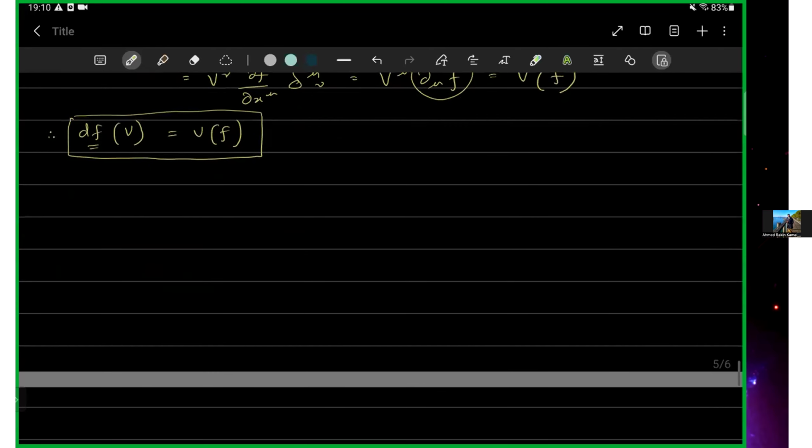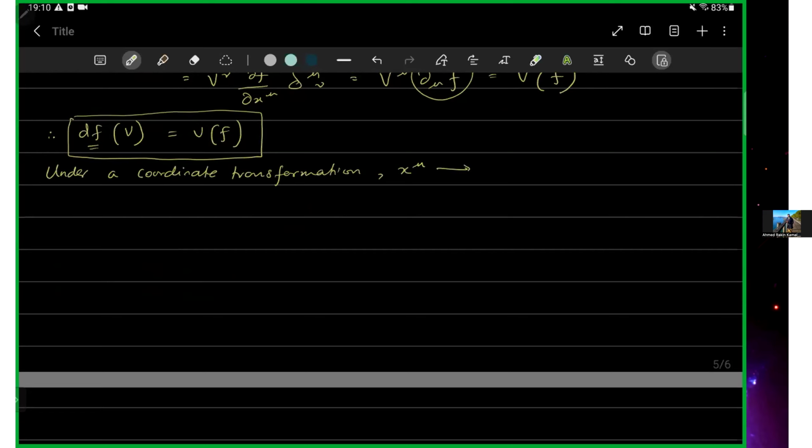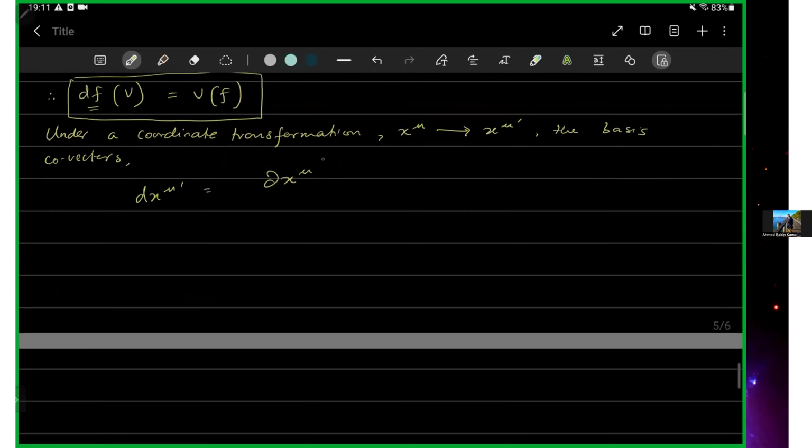Now, we want to check what happens when we have a particular coordinate transformation. So let's consider a coordinate transformation, meaning that I take some coordinate x mu to another coordinate system, let's say x mu prime. Now, the basis covectors will transform as the following, which is a very common, known result, right?